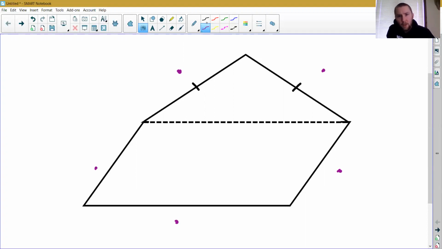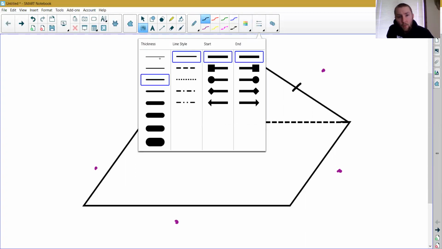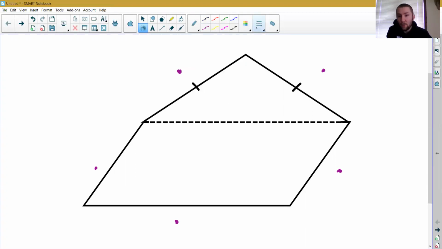So if we put some values in here that maybe are given to you in the problem, let's say that we are told this is 6 inches, and this is 5 inches, and this one is 9 inches.